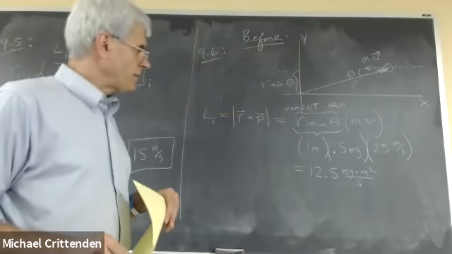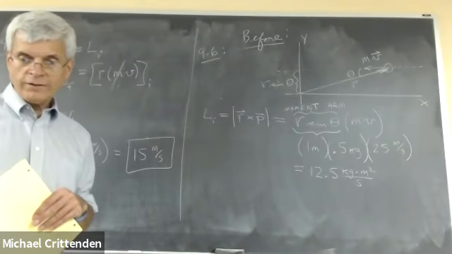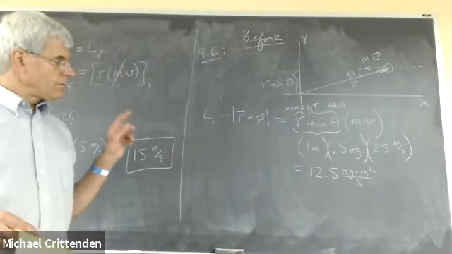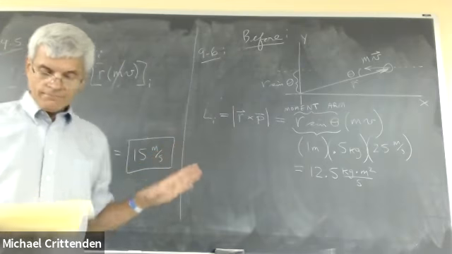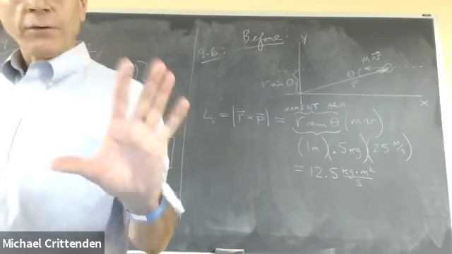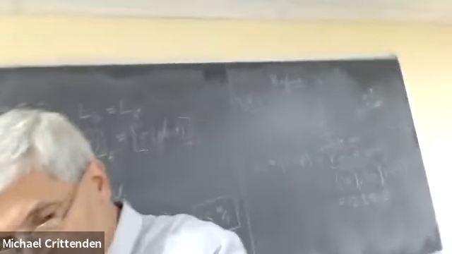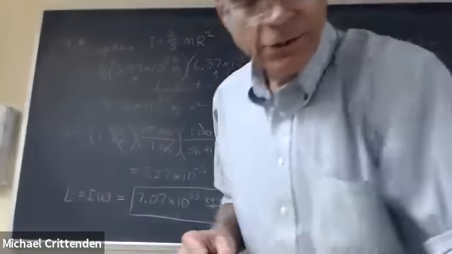I'm not going to try and say all that. Let's just go with 12.5 in SI units. So that's, before the collision, the wheel is stationary. All of the angular momentum is in the approaching chunk of tar.